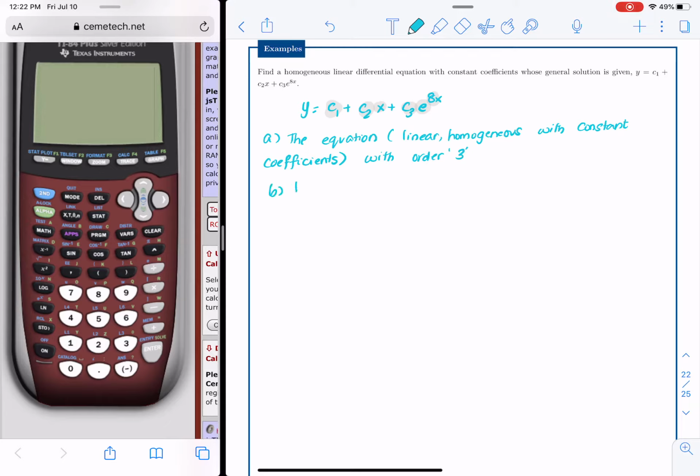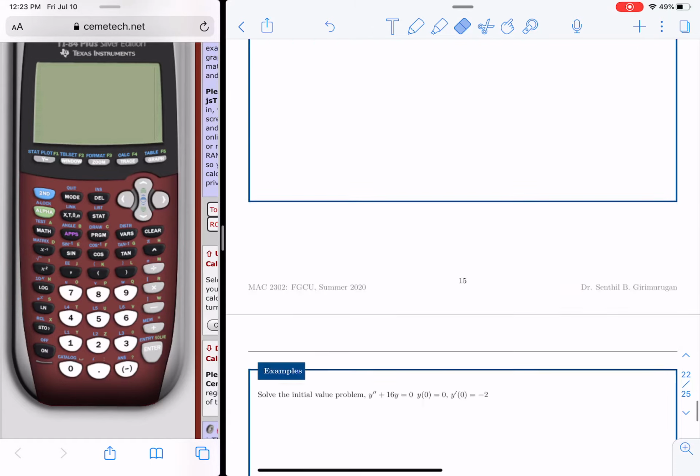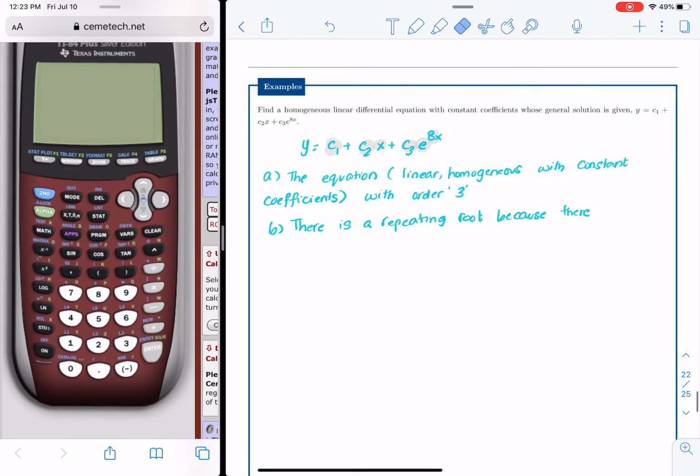B, there is a repeating root because of the x term.